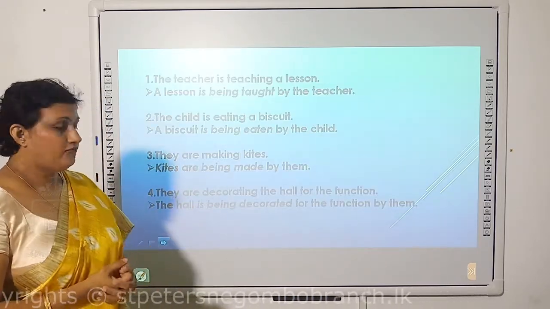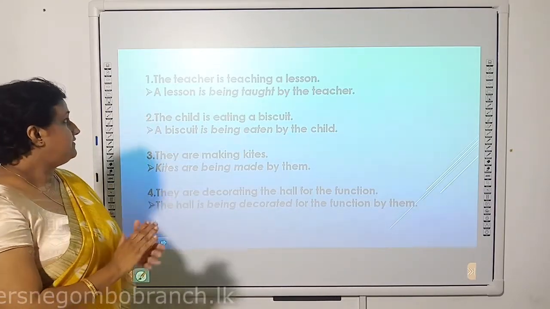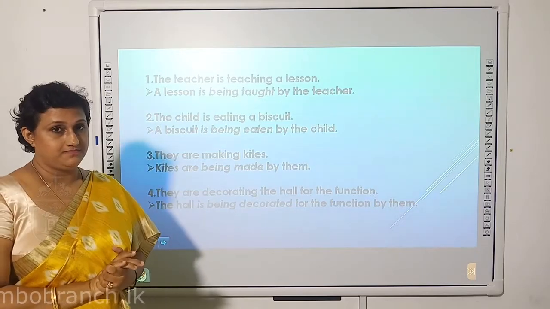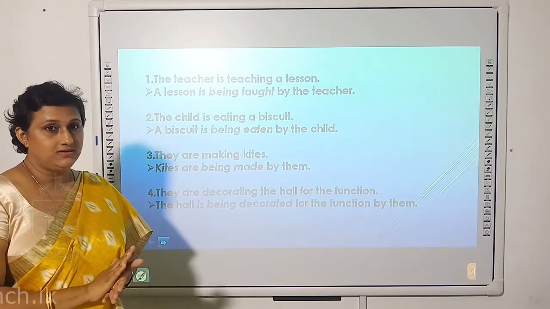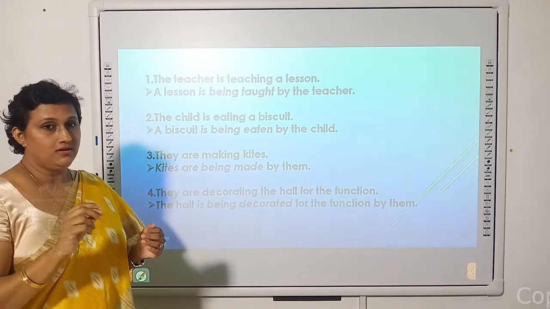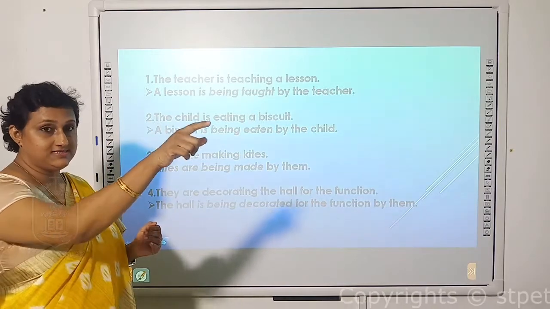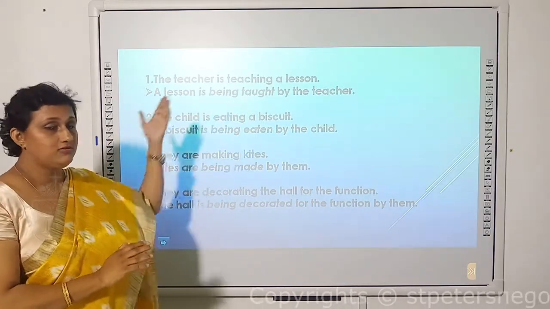Here I have given you 4 examples. We'll just roughly go through this. First one, the teacher is teaching a lesson. So first locate the verb. Is teaching. Who is teaching? The teacher. A lesson is the object. So you take it to the top.